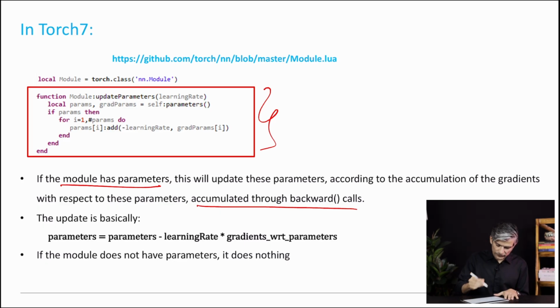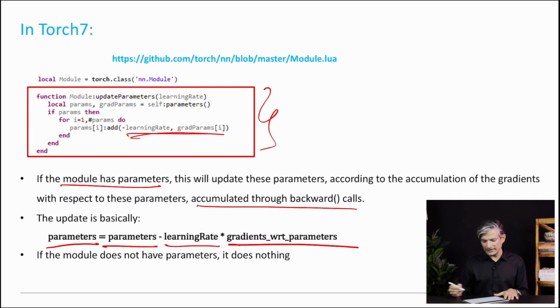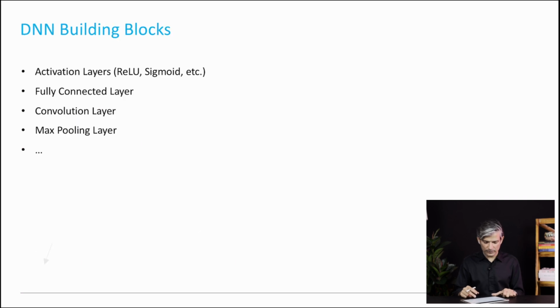And when you call this function, all it is doing is parameters equals parameters minus learning rate times the gradients with respect to parameters. So these are the gradients with respect to parameters that are already accumulated. And that is it.